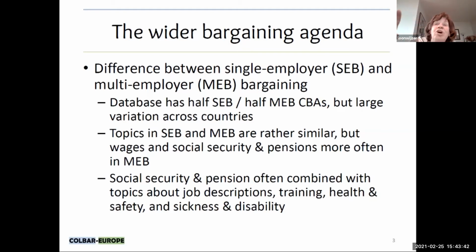So there is a kind of clustering of topics that belong to each other. And there are other topics that do not occur jointly with other clauses. Can I have the next slide, please?